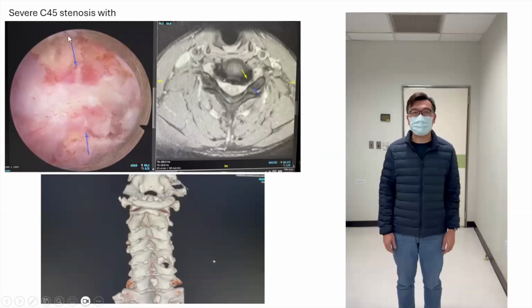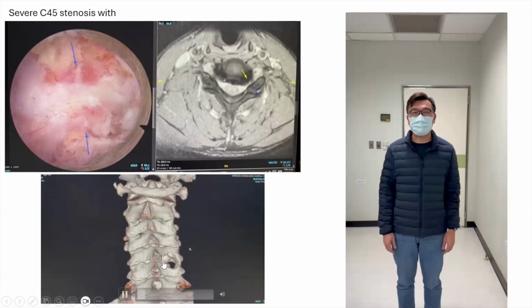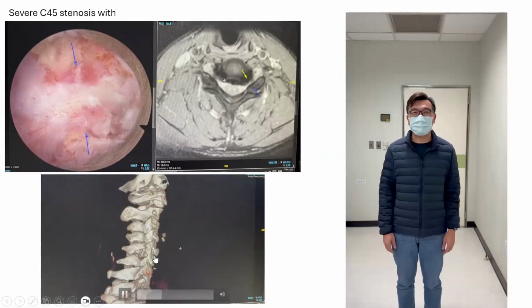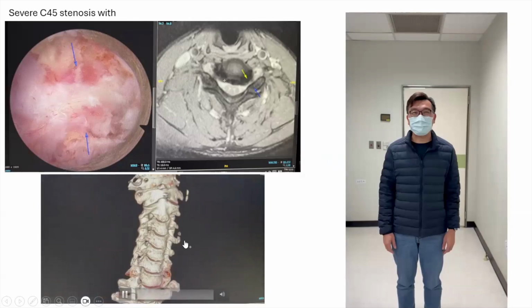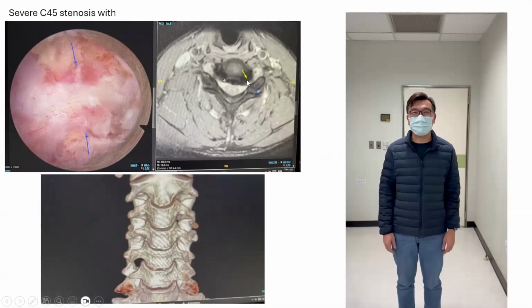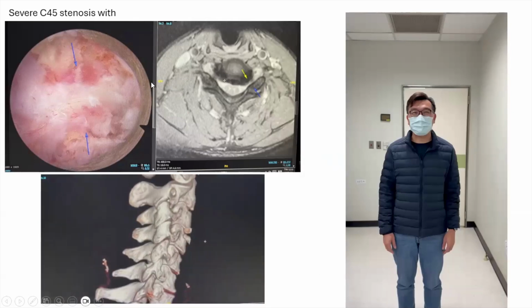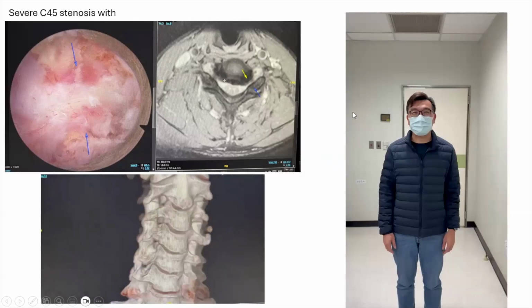This is a C4-5 very stenotic level. I did the direct lateral mass approach. As you can see, I resected a huge foramen. So maybe some people will say, oh, the facet joint was resected too much, so the facet joint will affect stability. But the patient had very severe inflammation of the nerve roots, so I did enough decompression.